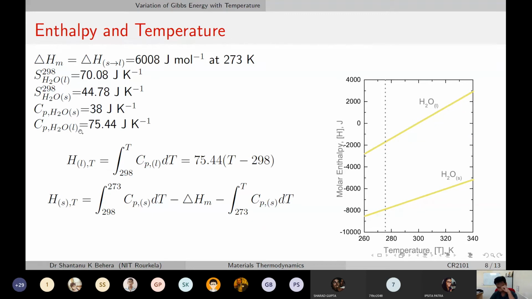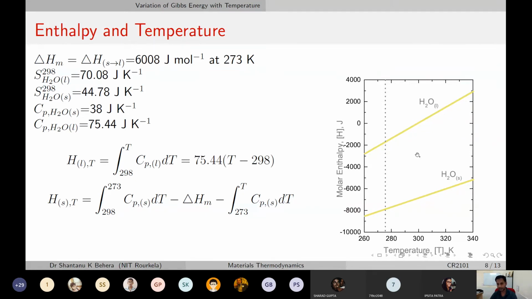And Cp of both H2O in the solid state and H2O in the liquid state are also given. Now, for the enthalpy term, we assign the most prevalent phase at 1 atmosphere and 298 Kelvin a value of 0. So what is 298?